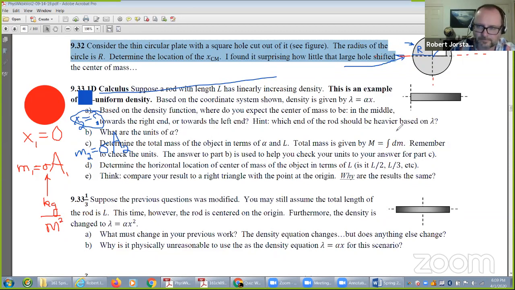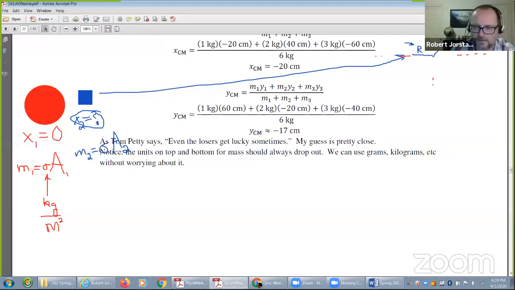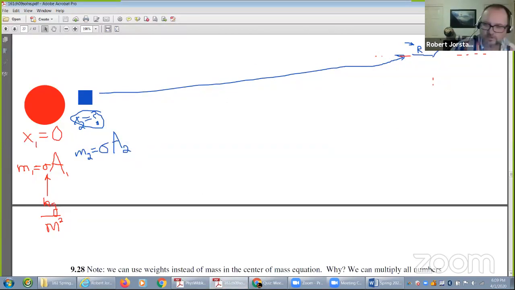Now, I'm going to pop over to the equation and show you what this looks like because this is getting pretty painful for me. I'm going to go over to the solutions now. What problem was that? That was 9.32.